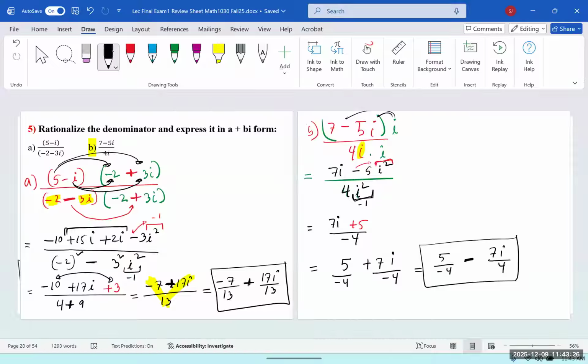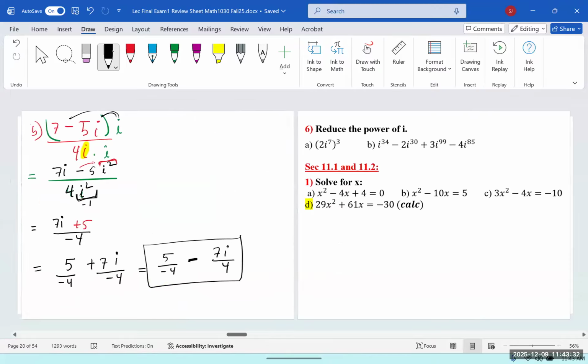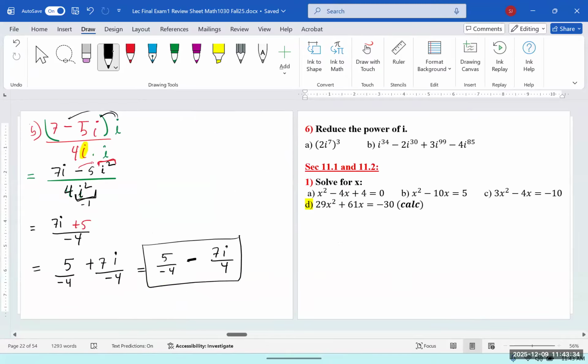Any question on this? Okay, then for reducing powers of i, all you have to do is divide the power by 4. If the number is divisible by 4, your answer is 1.